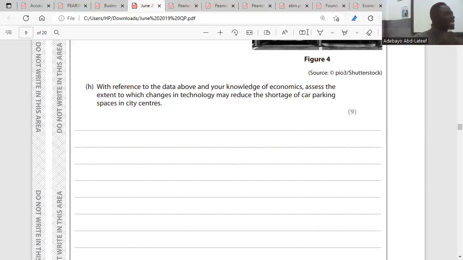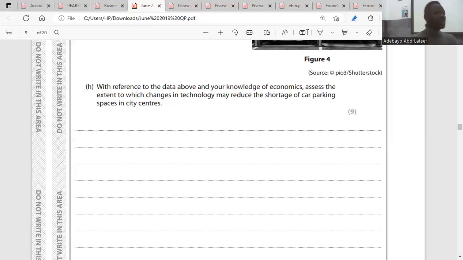Two, technology has made it easier to have cheaper car space. Three, because there's advancement in technology, the supply for car space will shift where? Rightward. Which means that the equilibrium price will become less. Do you understand? We've said four things there.